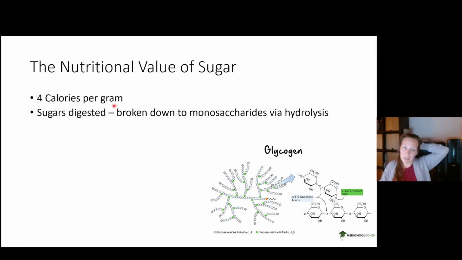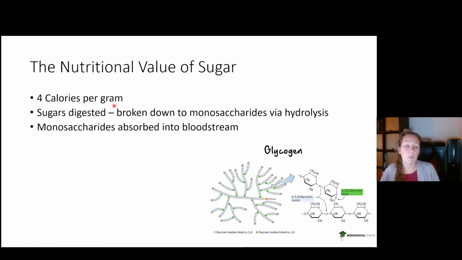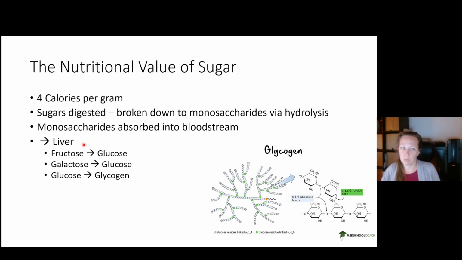When sugars are digested by our bodies, they are broken down to monosaccharides via hydrolysis. We've already kind of talked about that. Then the monosaccharides are absorbed into the bloodstream. From there, they go to the liver, and the liver will convert fructose to glucose, galactose to glucose, and glucose to glycogen.